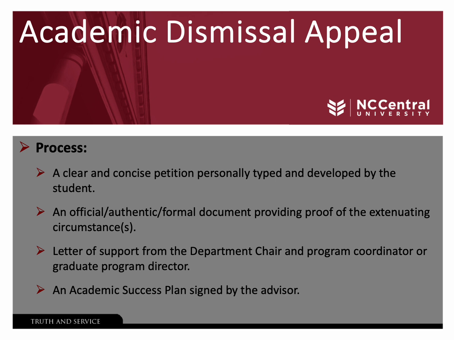The students must submit a completed appeal form, a clear and concise petition that outlines the appeal and the extenuating circumstances causing the conditions that led to his or her dismissal, and an official document providing proof of those extenuating circumstances.